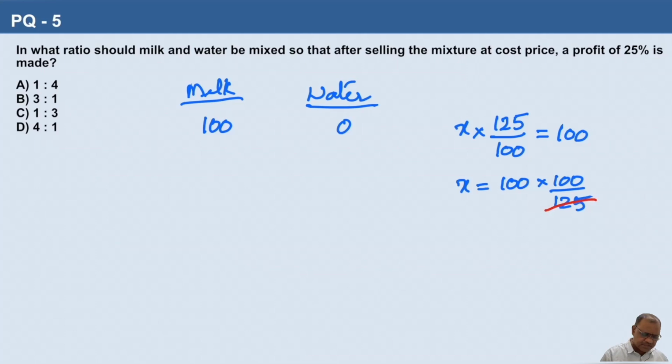So this is 25 fives, 25 fours, 5 ones, 5 20s. So the cost price is 20 into 4, 80. The cost price of the mixture is 80 rupees. Now let us find the difference.